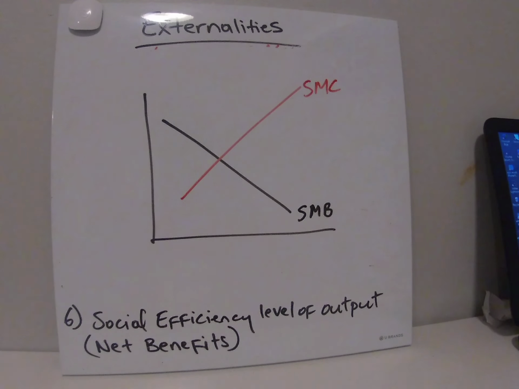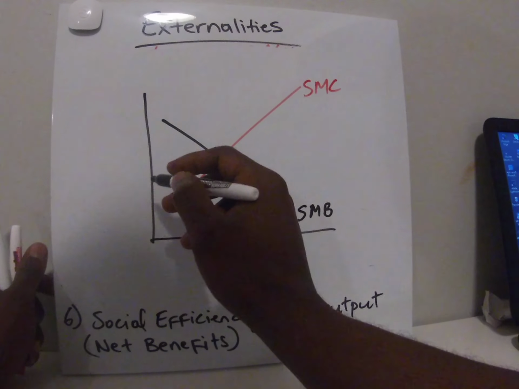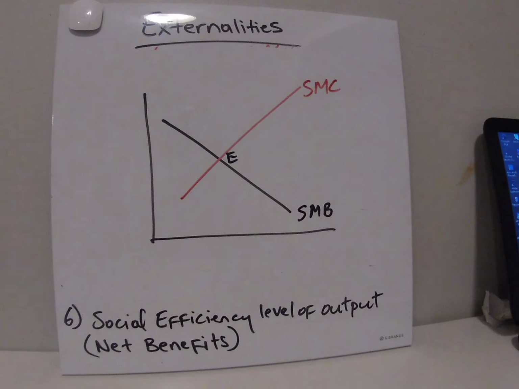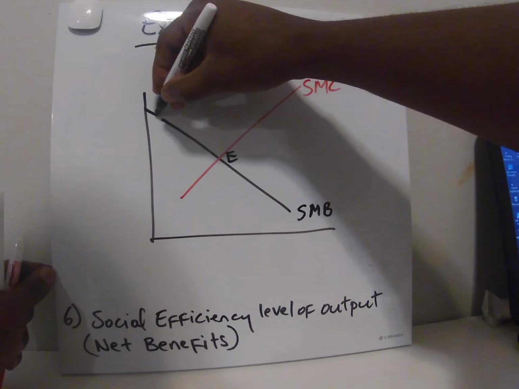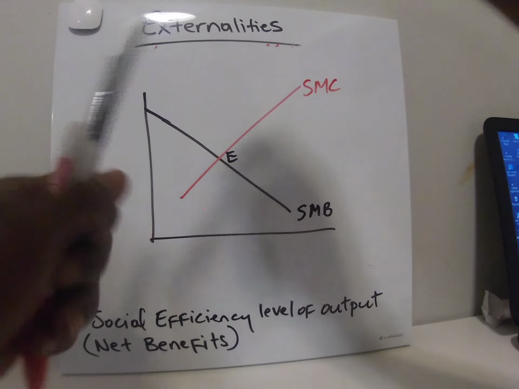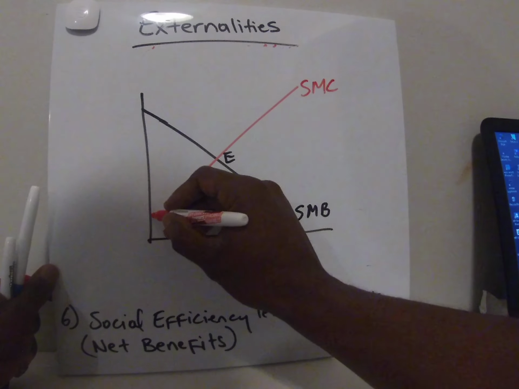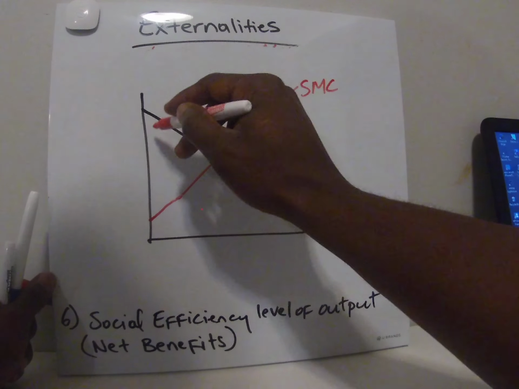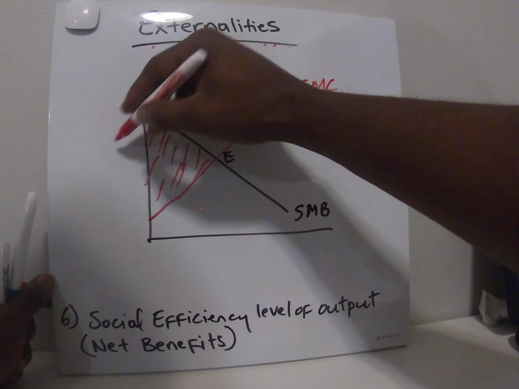All right, so equilibrium is here. So what this basically entails is that everything within this region is our net benefit.